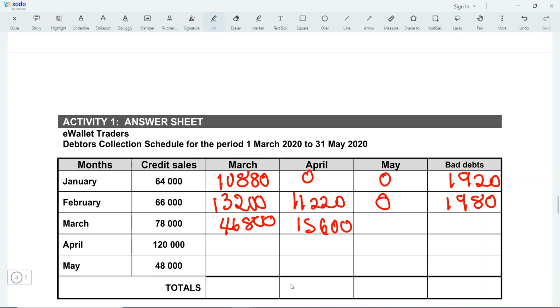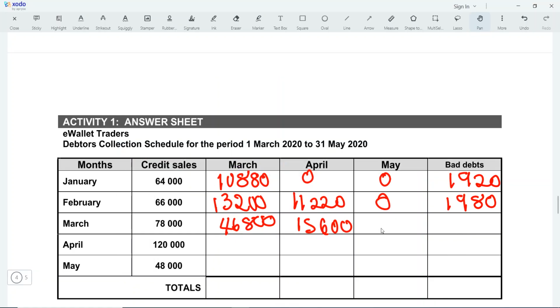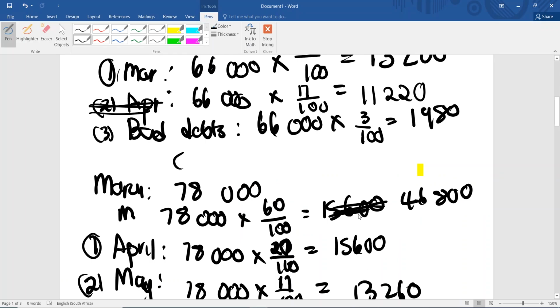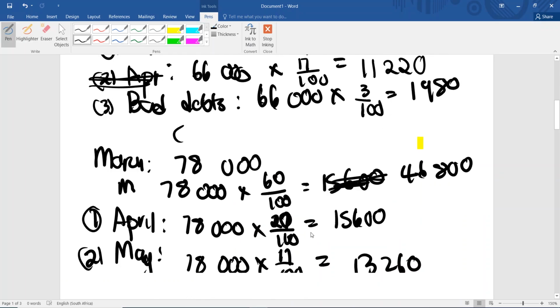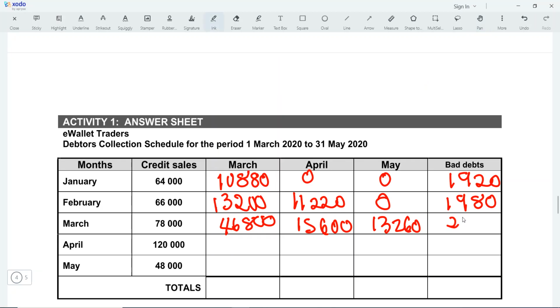And then in May, we collected 13,260. So you'd have that 13,260, and then your bad debts here are going to be 2,340. So very important for you to know how to calculate bad debts, but remember, it will not be included in the cash budget.